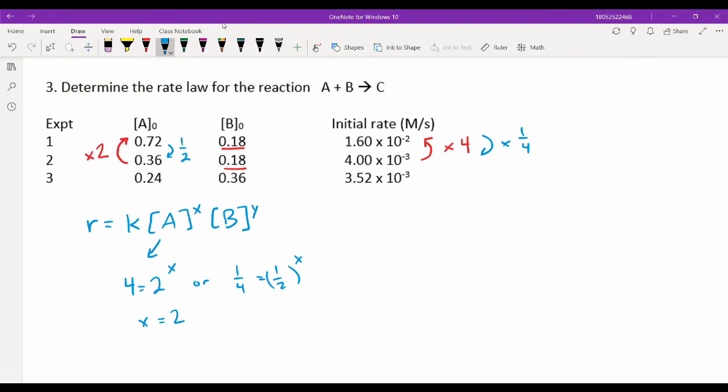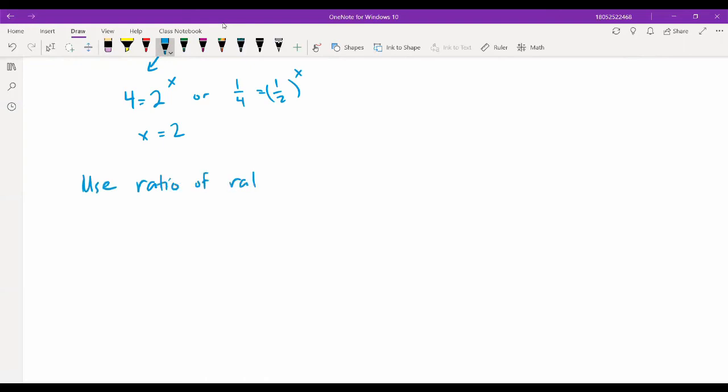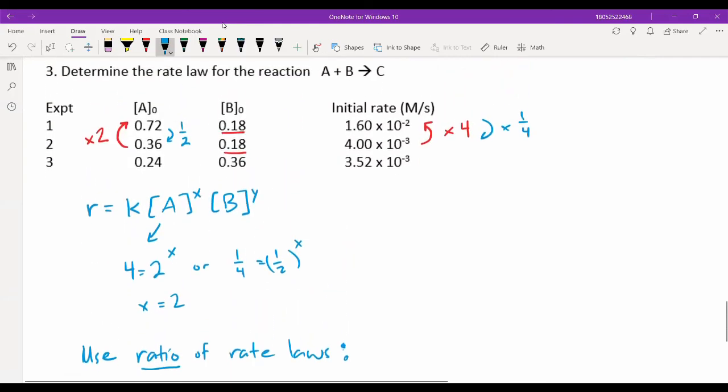So what we're going to do for B is we're going to use the ratio method. So I'll just write ratio of rate laws. This is usually actually how it's taught. I think probably in your lecture videos you were initially taught how to find the orders by setting up ratios of rate laws.